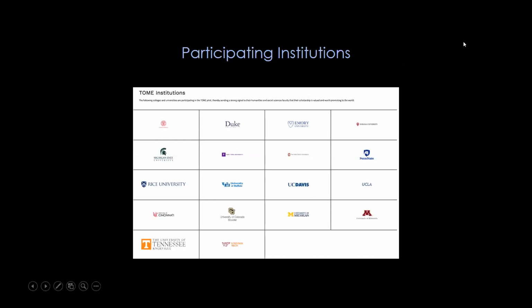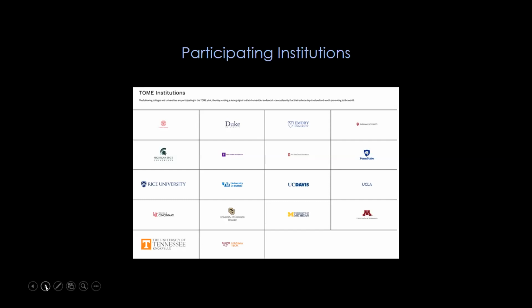So the idea is that faculty at institutions that participate are eligible to receive grant funding to be able to publish their books as OA monographs. So right now we have 18 participating funding institutions. We're about ready to add the 19th, and we have a few more in the works. So we're trying to build that base.